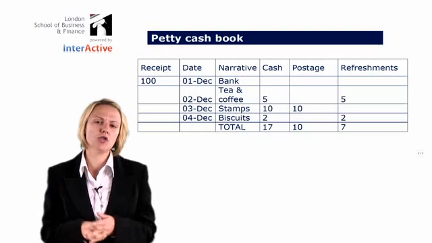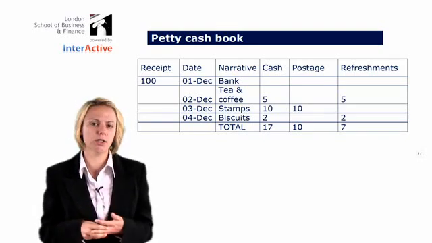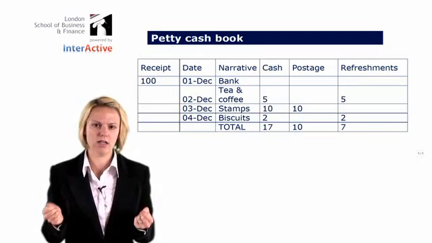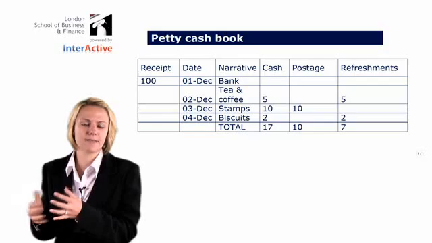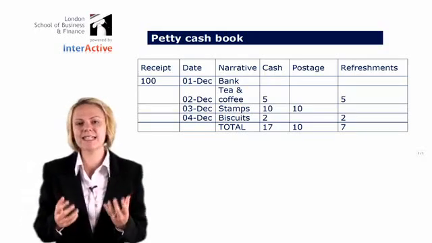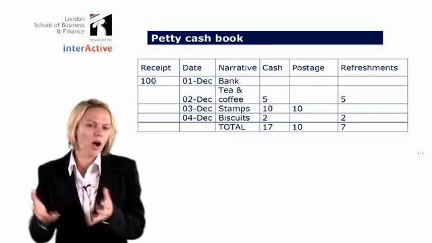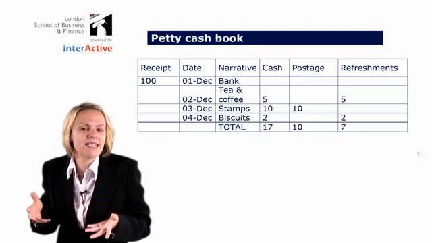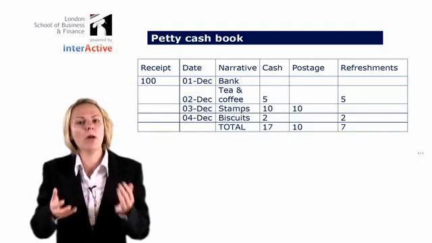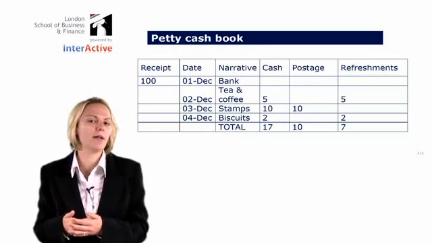So the petty cash book is recording receipts and payments of cash in hand. So cash that is in your petty cash tin on your premises. Now usually petty cash is, as the name suggests, cash for small items of expenditure. So for paying for tea and biscuits, for paying for postage, maybe some taxi fare or train fare.